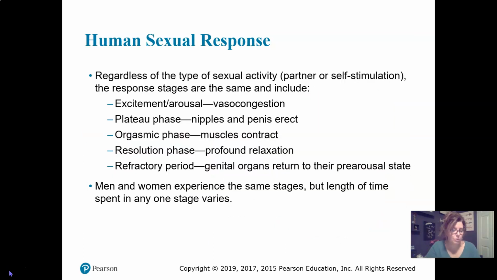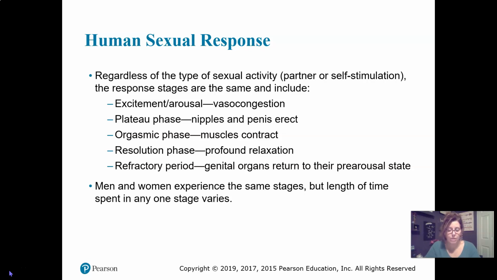The human sexual response generally follows a specific pattern. Both males and females exhibit 4 common stages. The excitement or arousal stage, where vasocongestion occurs, the vagina lubricates, the penis becomes erect, and you may experience a sex flush that comes over you. The plateau phase is characterized by the intensification of initial responses.